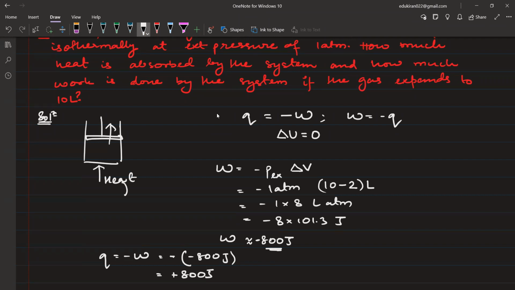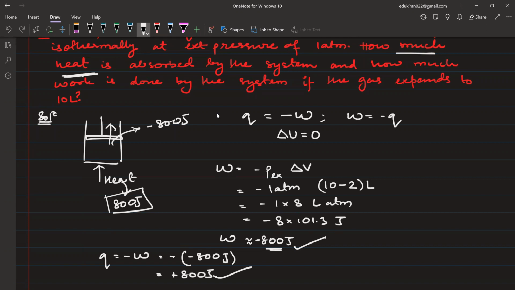So we gave in heat of 800 joules, and the work done by the system was 800 joules also. So W was minus 800 because work was done, and Q was plus 800 joules because heat was given to the system. So this is how you calculate how much heat is absorbed, plus 800, and how much work is done by the system, minus 800. Got it, guys? Yes or no?